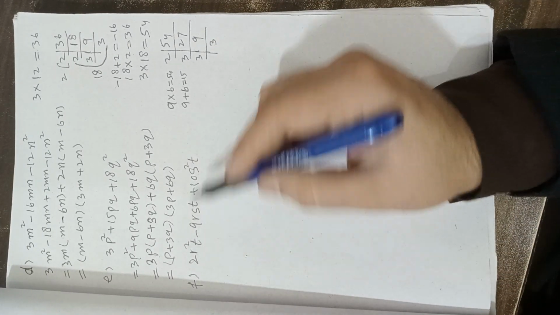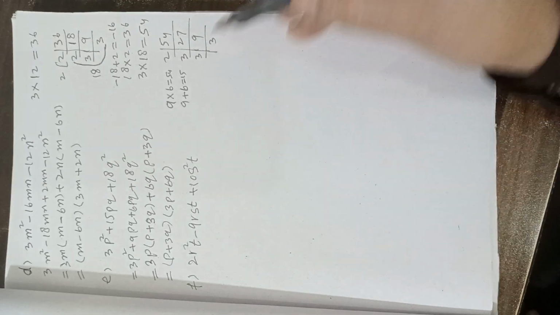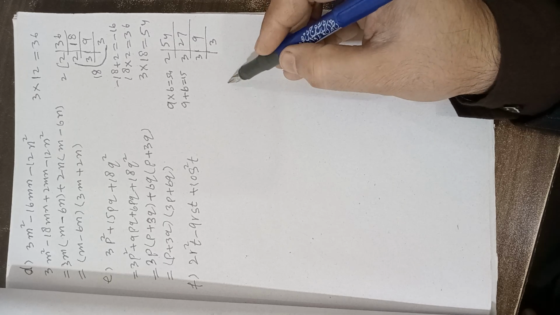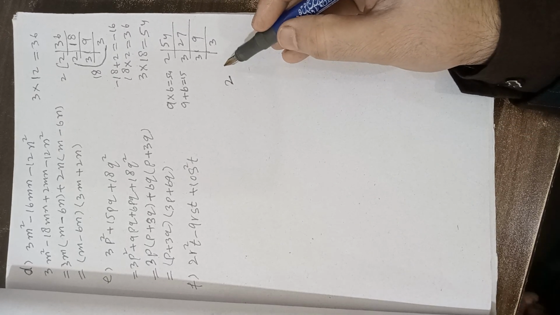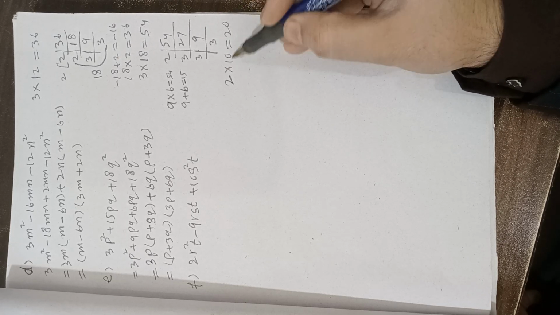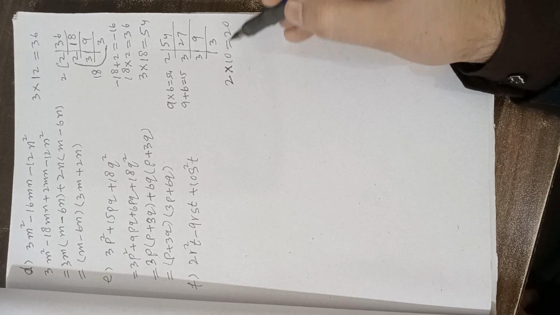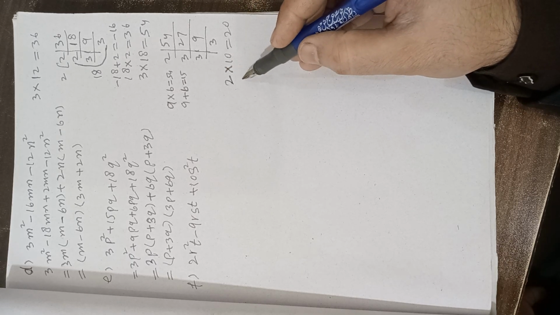You see here that 2 multiplied by 10 is 20, and 10 is the coefficient of this question. You can make factors of 20 and you can solve it verbally.